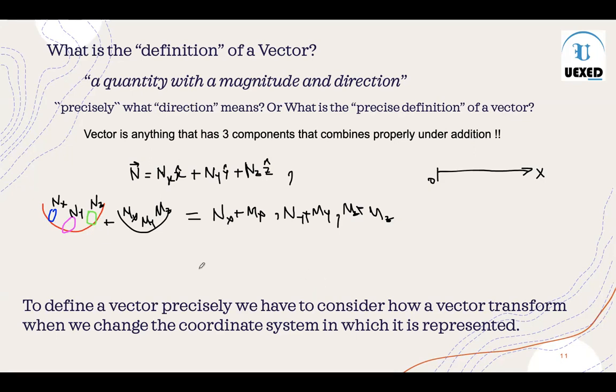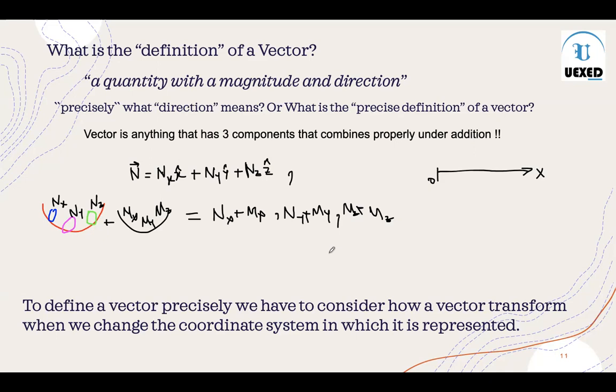If you see the statement here, you understand what I said before: in general, we had a vector with three components, and they should combine properly under addition. But then we took this example and said that we can do that, but we can't say that this is a vector. Then we asked what direction actually means.